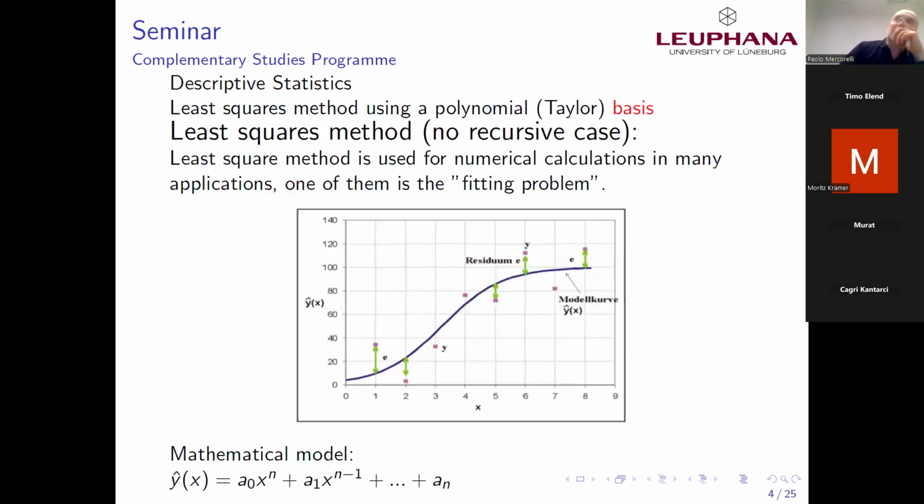You remember this example here to introduce the least square method. I have measurements, these violet points. The question was, very quickly, what is the best model curve, the best regressor, the best function, which fits the points. This was the question which I tried to answer last time using an example.